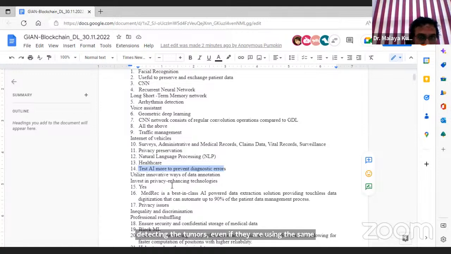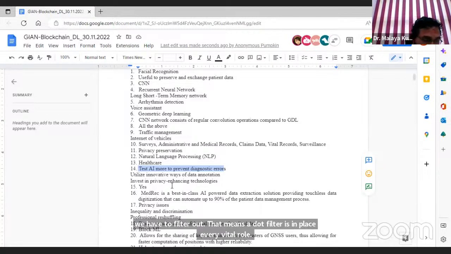When we are talking about real-time analysis, the real-time data are very huge, very large in nature, and we have to filter it. That means data filtration plays a very vital role to identify which data is required for analysis and which data is not required.